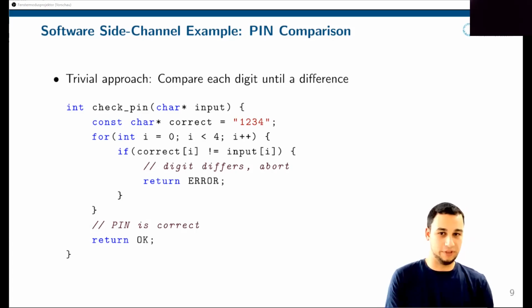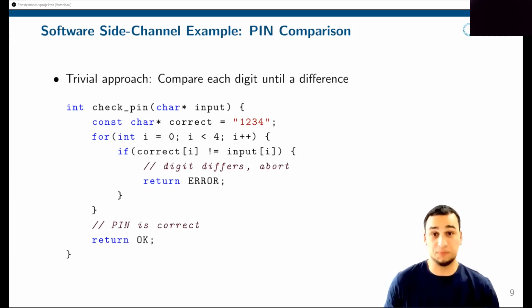Because if one digit is wrong, then the entire pin can't be correct anymore. And that saves time. We don't have to compare everything else if we already know that the pin can't be correct anymore. So then we return the error here. Otherwise, we return the OK and say the pin is correct.